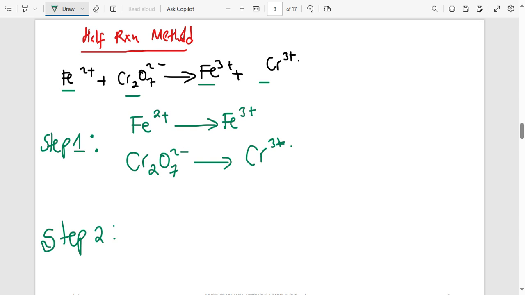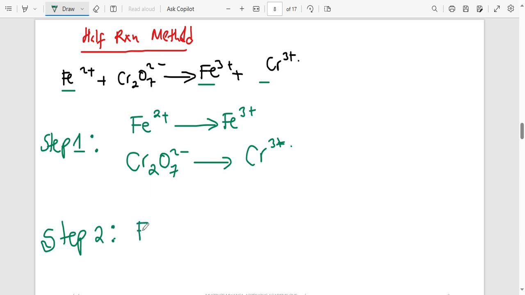Balance atoms other than oxygen or hydrogen. You can see here we only have one iron ion, so that is okay. But for the second reaction, on the reactant side we have 2 chromium atoms, but on the product we only have 1. So what we are going to do is balance that.